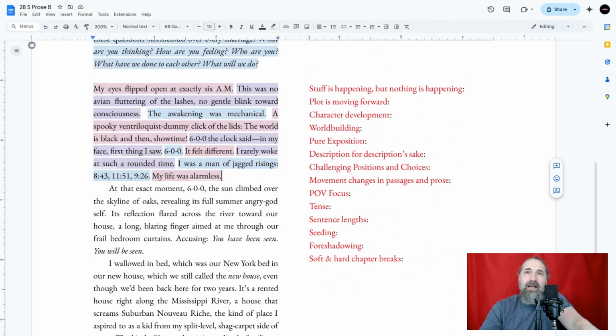Things are actually happening, but it's through the character's frustration. They seem to be not meticulous per se, but they're pulling us through their morning and how it's off kilter.